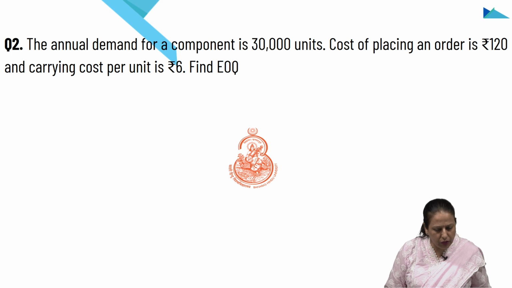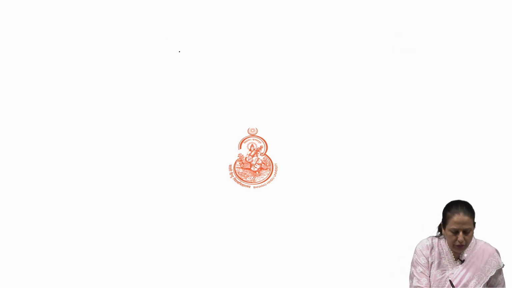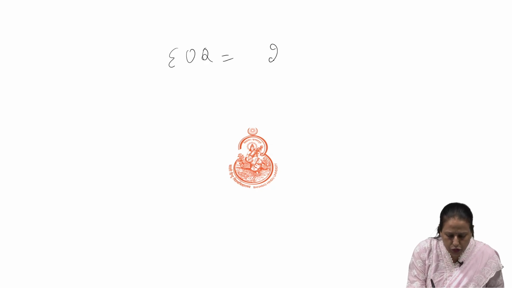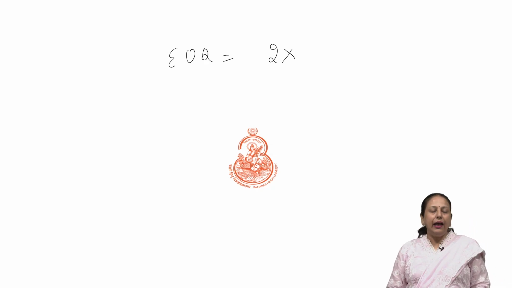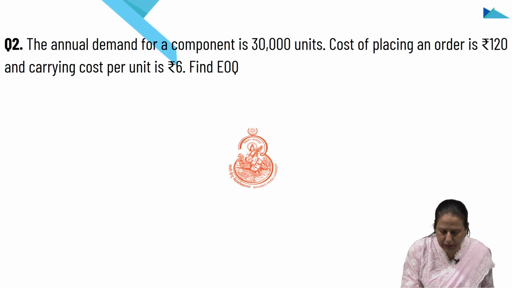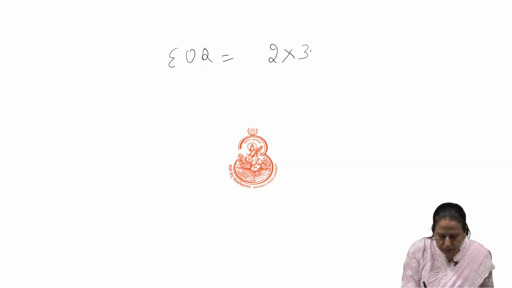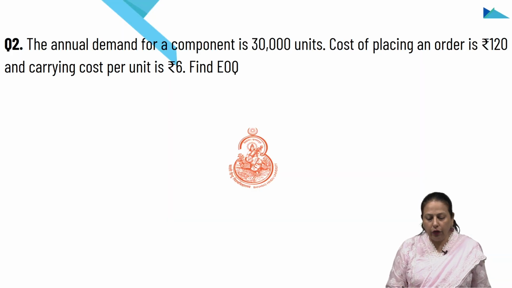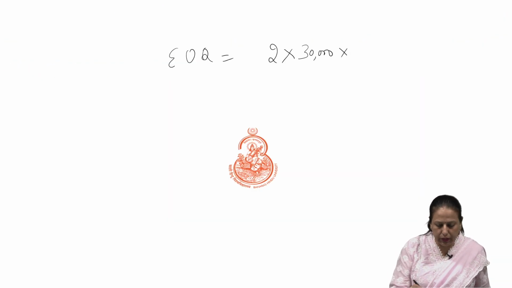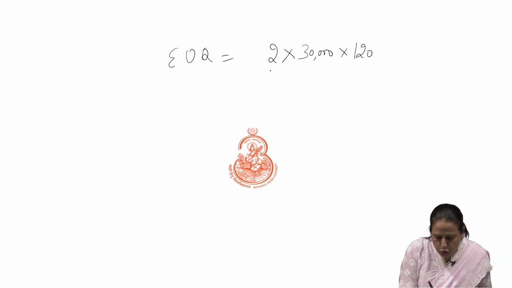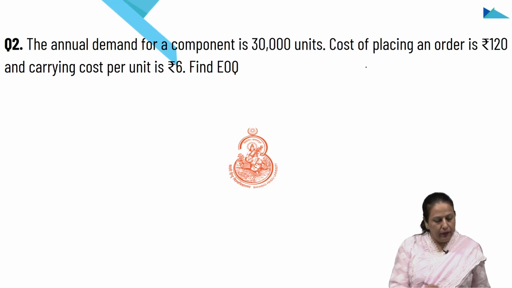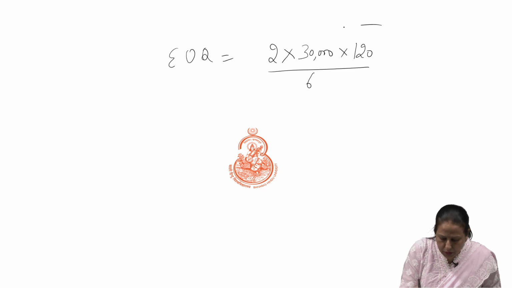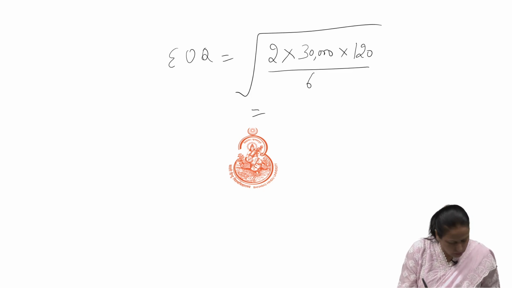So, in this question again, when we are calculating the EOQ, we have 2 into the annual consumption, which is given as 30,000 units, and the ordering cost is rupees 120 per order, to be divided by the carrying cost of rupees 6 per unit.